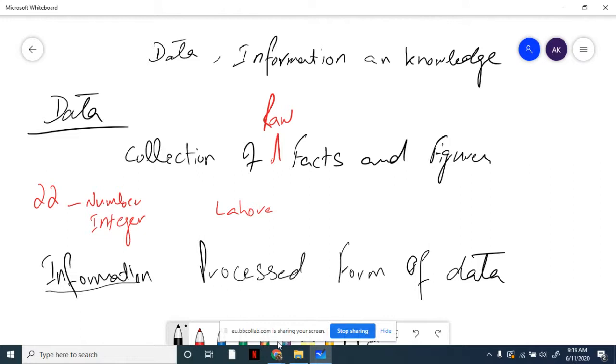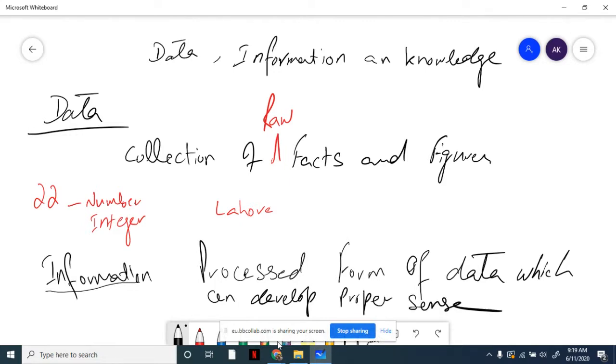Information means processed form of data which can develop proper sense. So ये हमारे पास जो है, this is how it is. Processed form of data which can develop proper sense.